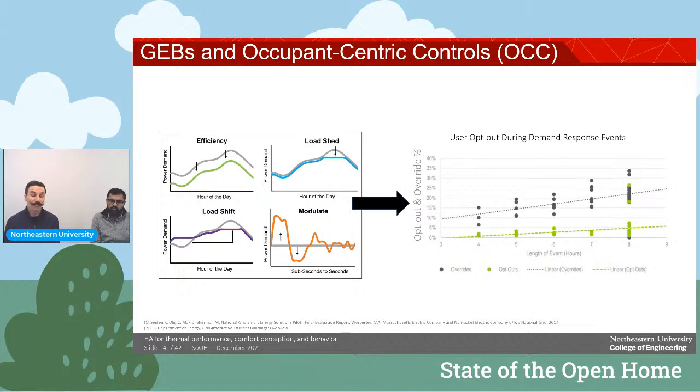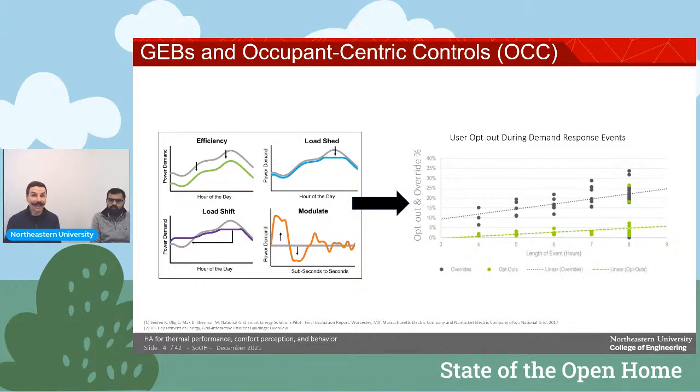And so we've looked at data from one such study close to us in Massachusetts, where what they would do in order to shed that peak load on their grid so that the grid didn't get overloaded was to just shut off air conditioners that were enrolled into this program for a period of hours, often during the hottest days of the year when the grid is being overloaded. And what we see here is even for short events, let's say 3 hours, about 10% of occupants are opting out or overriding during these events.